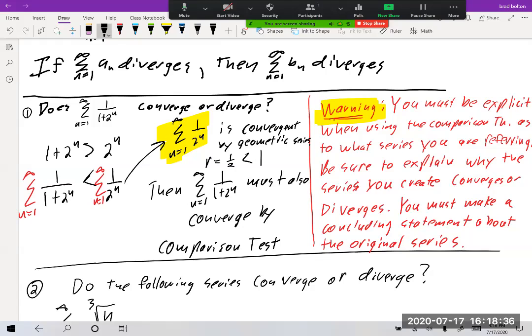This is our comparison test. We basically found out that the bigger series converges, and the smaller series, if you think about it as being under it, is then also forced to be convergent.